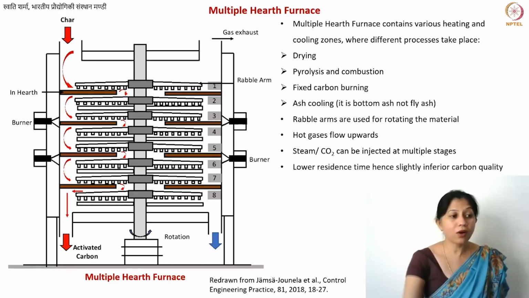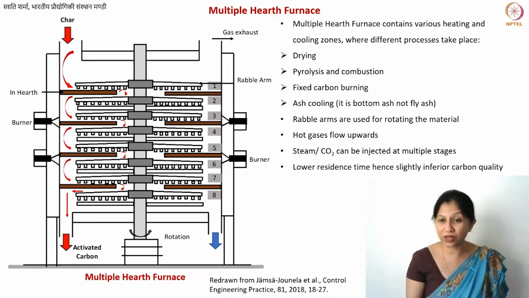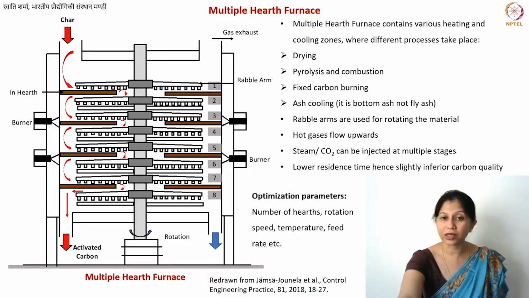Okay, now the problem with this kind of furnace is that compared to the rotary kiln, you have relatively lower residence time, and that is why sometimes the carbon can be of relatively inferior quality. But you can also use these kinds of furnaces. In fact, they are rather used for reuse of the activated carbon.